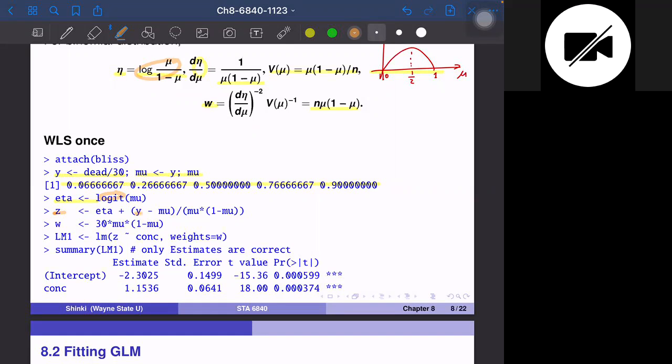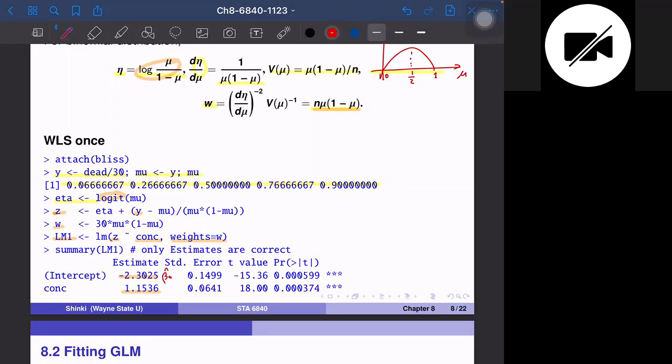So we change the scale of y into the scale of eta, and that becomes this. Then we define the weight, which comes from here. Then we fit the model, z on the concentration, z on x, with weight w. Then we get these estimators.